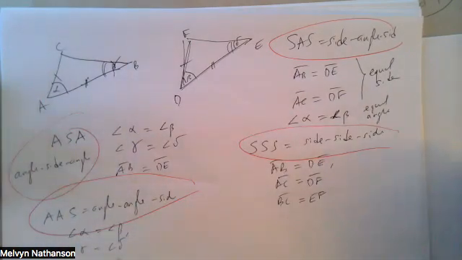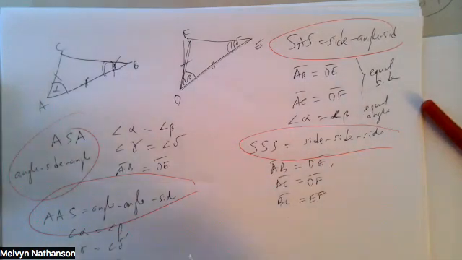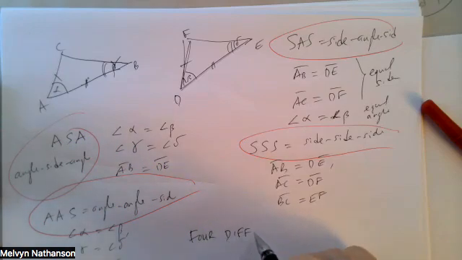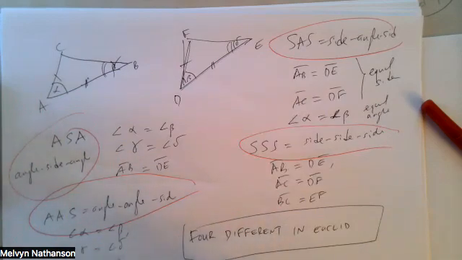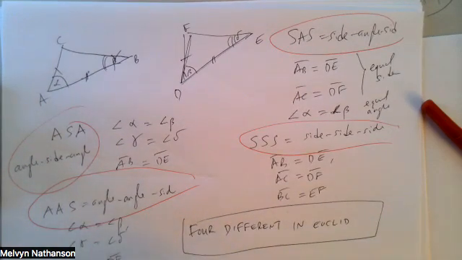So these are four different theorems in Euclid. Four theorems that give us ways to determine if two triangles are congruent.